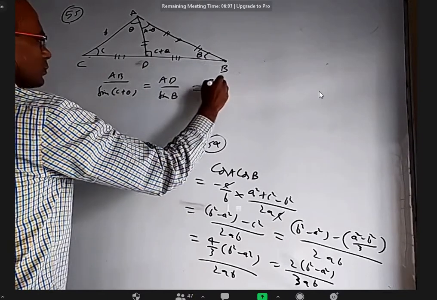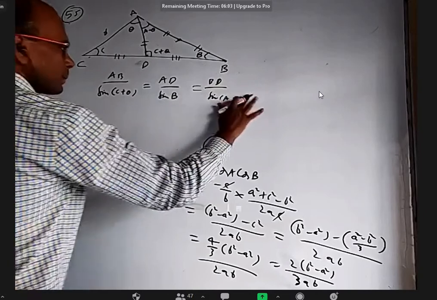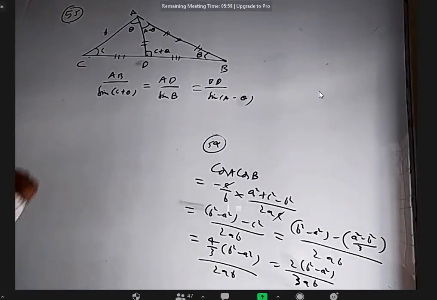The other side is BD, by sine of A minus theta. Alright, I'll think about it.